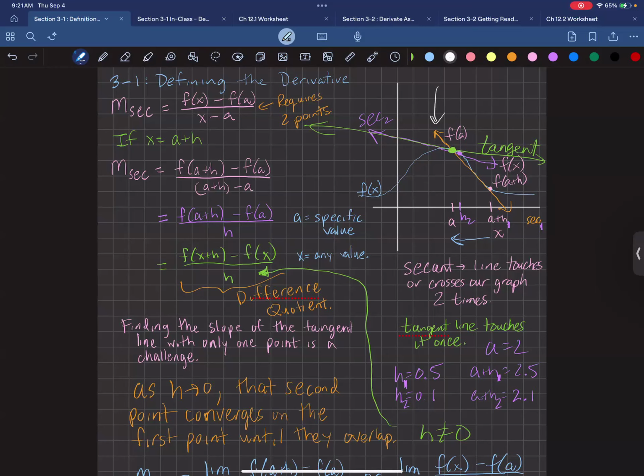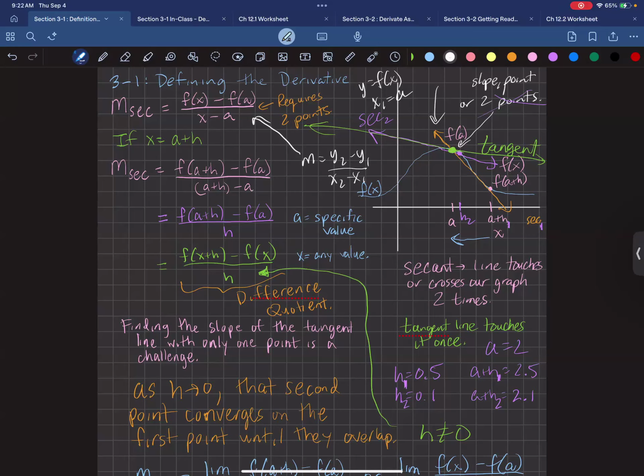The slope of the secant line is very much like doing, it's not going to show up in the dark screen background. Let's change to white. This is the m you remember from algebra, y2 minus y1 over x2 minus x1, where y is f of x and x1 is a.